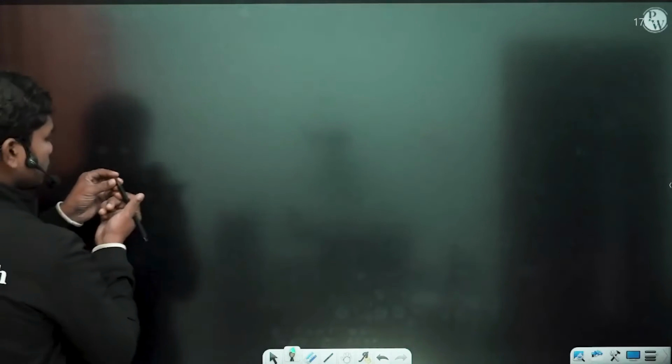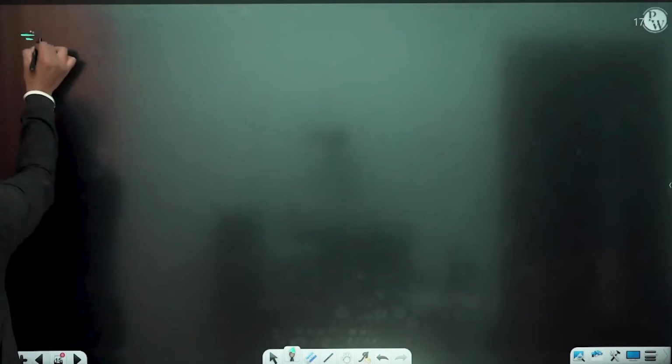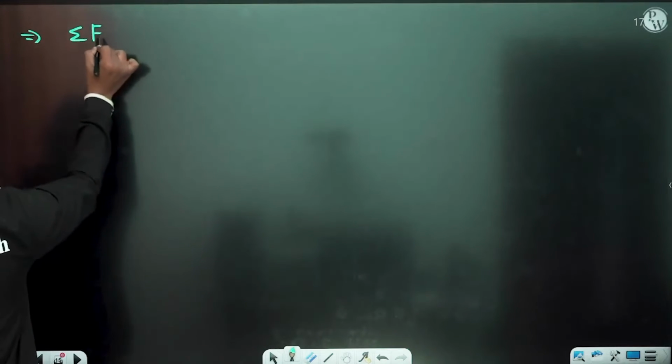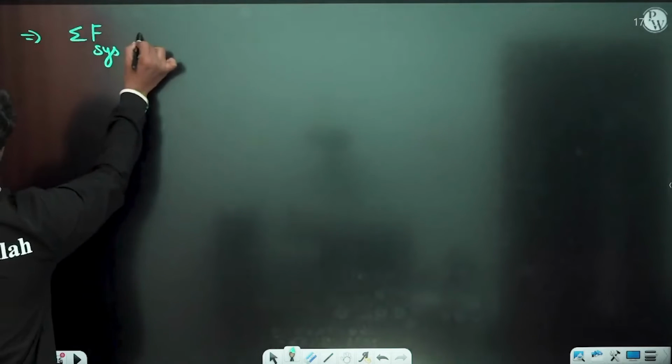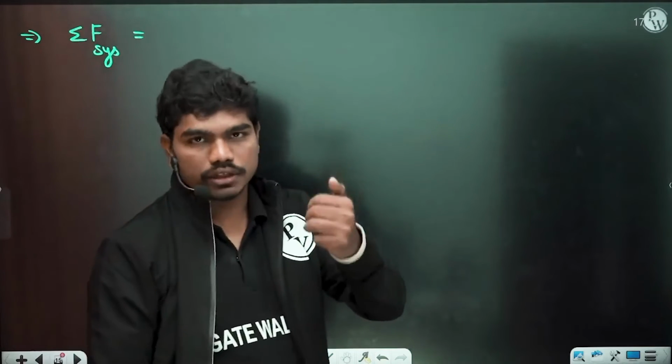So the net force acting on the system is equal to, let us suppose if fluid is flowing, then the net force acting on the fluid, for example.